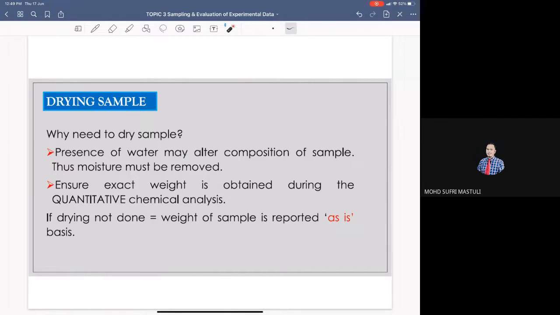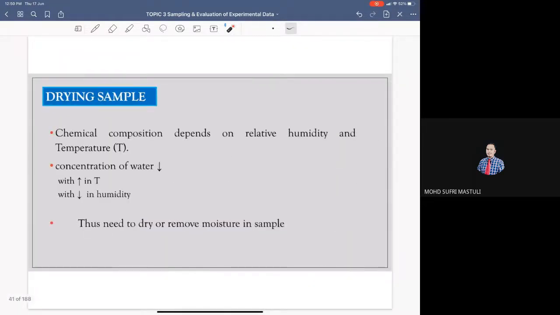So you have to understand the character of the solid sample in order to use the right drying technique. Drying has to be done because we want to ensure the exact weight for the quantitative chemical analysis. If the drying treatment is not performed, the weight of sample we report is on an as-received basis.